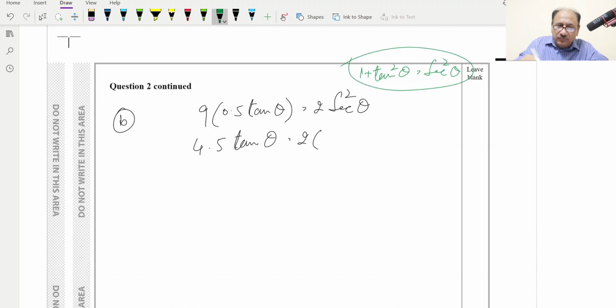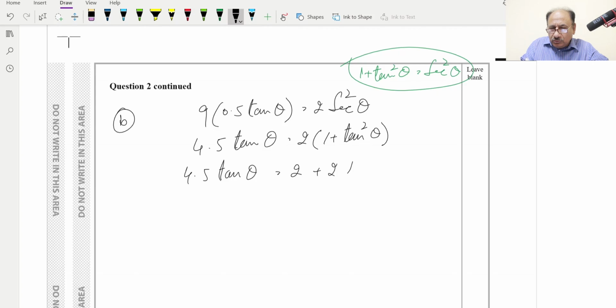This will be the formula which we'll be utilizing over here. Now we can open the brackets. So 4.5 tan theta is equal to 2 plus 2 tan square theta.